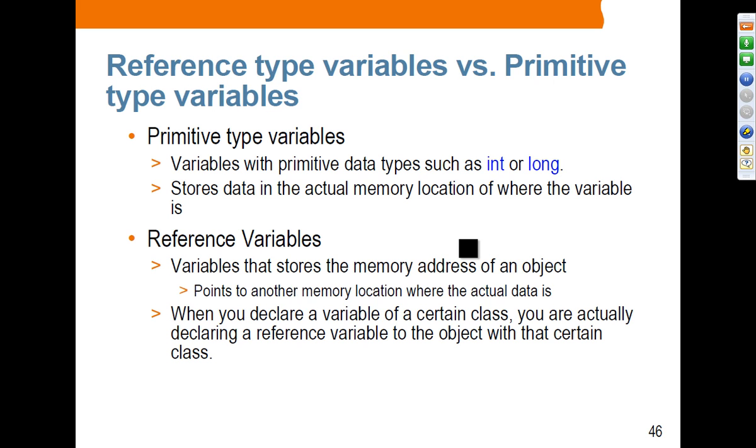Okay. A reference variable, however, is a variable that stores the memory address of an object. So there is an object, and this reference variable is actually containing a pointer to that object. Okay, so the difference in terms of how primitive type variables and reference type variables are stored underneath is that primitive types actually contain the values.